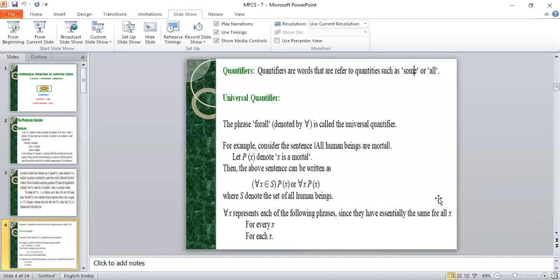These are statements telling about all individuals or objects belonging to a certain set. These statements begin with for all, for every, everything, and this is denoted by the symbol ∀.